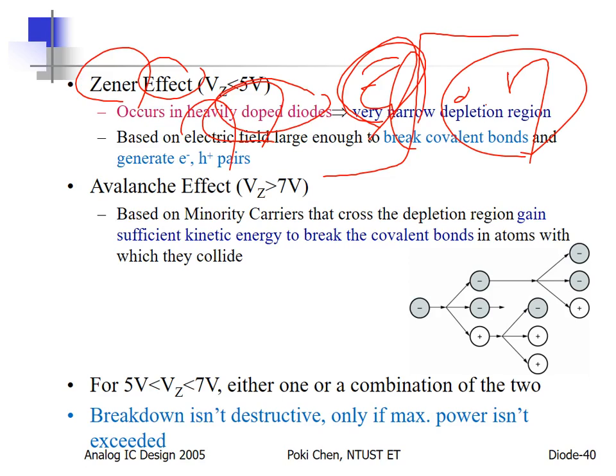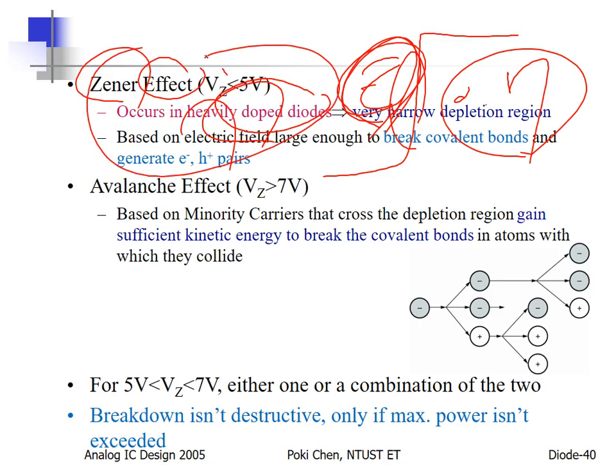Congratulations. All the valence electrons will be taken out by your very strong electrical field to become free. For however many electrons you take away, you leave the same number of holes for conduction. Wow, a lot of them are taken away to be free, so it will help you conduct a lot of current. We call it Zener breakdown.